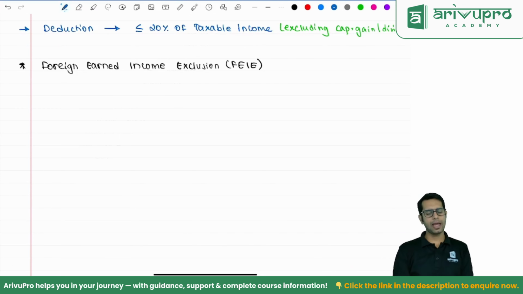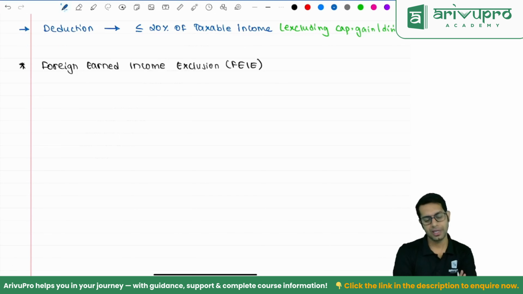Normally, if you remember what we discussed in our first beginning topics, if you are a US citizen or a US resident, you will have to pay tax on your global income. Whatever income is earned by you anywhere in the world, you have to pay tax in the US.